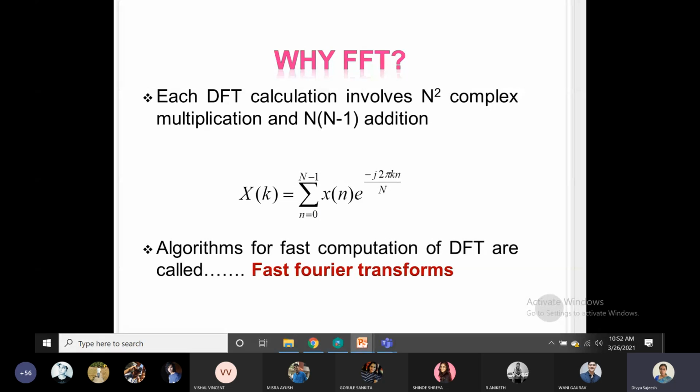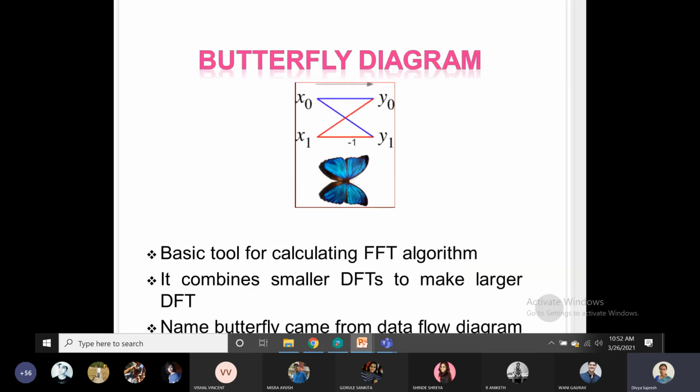So like that there will be n square multiplications, and n into n minus 1 additions in the matrix method. These algorithms are developed for fast computation of the DFT with minimum number of calculations. That is why the name fast Fourier transforms.